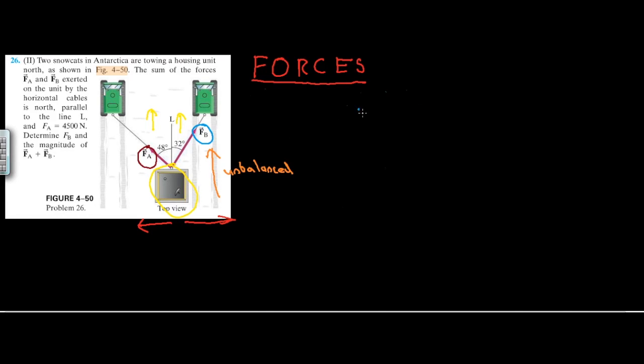Right here, I'm going to label the housing unit. Let me put it a little bit lower. I'm going to label the housing unit in blue, so with H. That's the housing unit. Now I'm going to put force A. This is FA, and it's at an angle of 48 degrees.